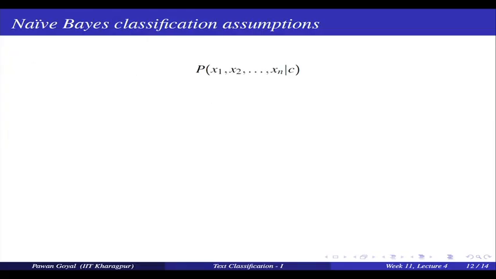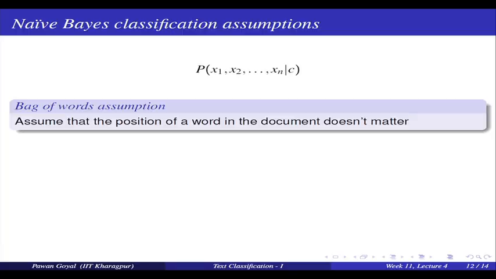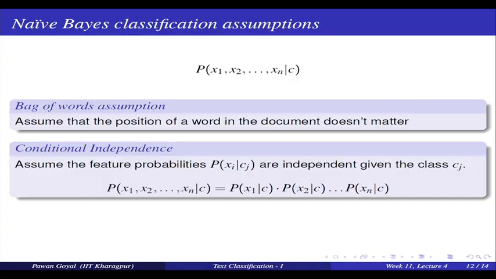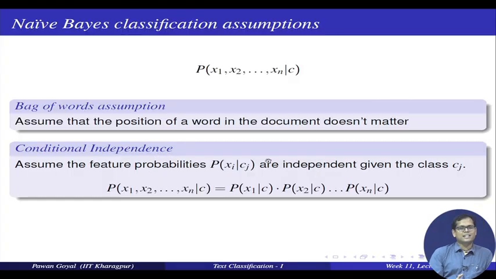Then how do you compute probability x1 to xn given the class C? There you are making two assumptions. One is bag of words, that is, the position of a word in a document does not matter. Whatever order x1 to xn occur in is immaterial, so I am only talking about a set of words here. The other is conditional independence, the naive assumption, that the feature probabilities xi given cj are conditionally independent of each other given the class cj.